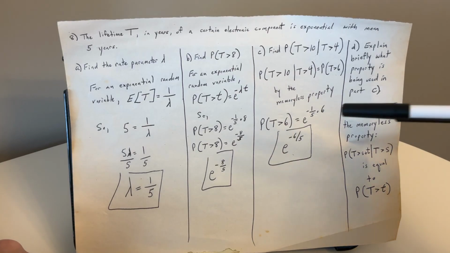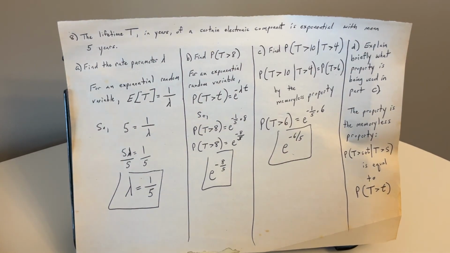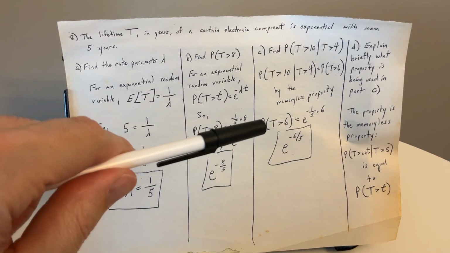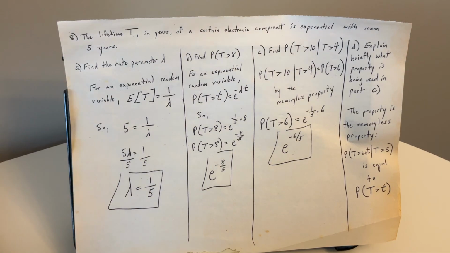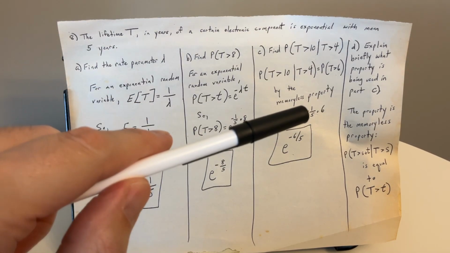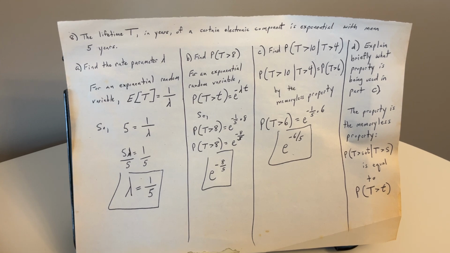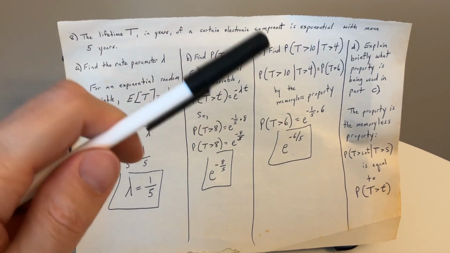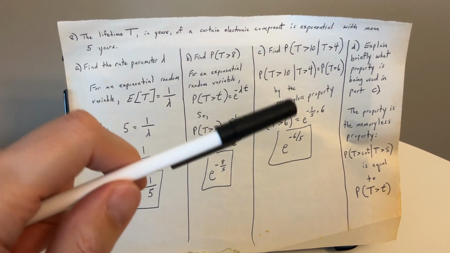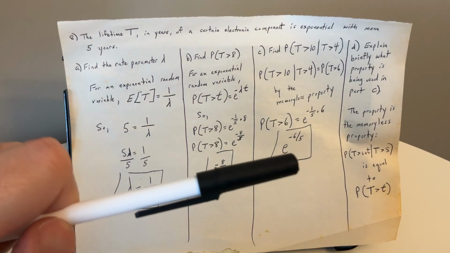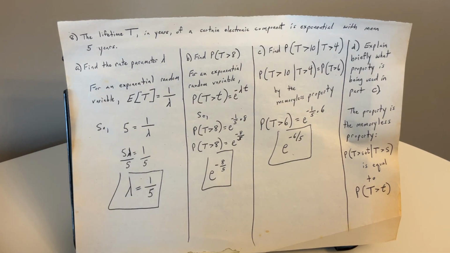So according to the memoryless property, P of T greater than 6 equals e to the negative 1/5 times 6. Think about where that just comes from: previous information. So e to the negative 6/5.